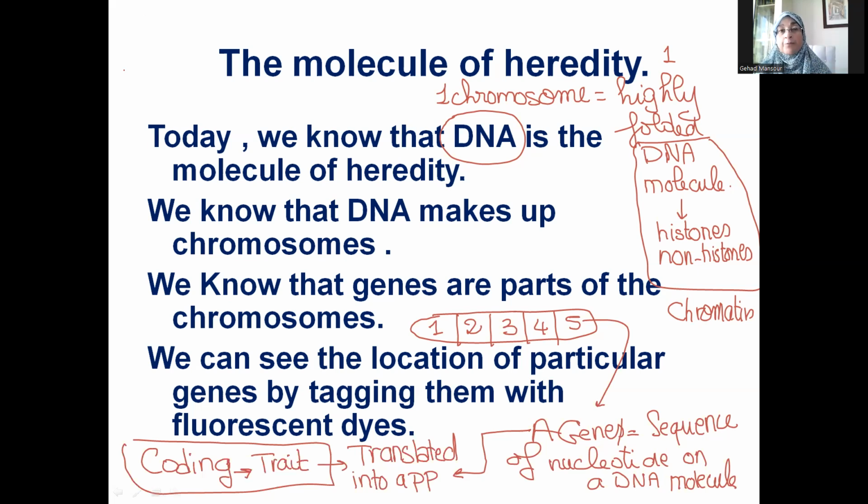If we look at the upper part of the screen, because this polypeptide might be, for example, a hormone or a growth factor, or it might be an enzyme, and that enzyme might control a particular chemical reaction. And at the end of that chemical reaction, you obtain a product, and that product is responsible for the trait.